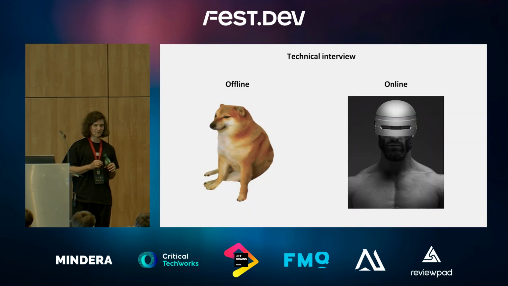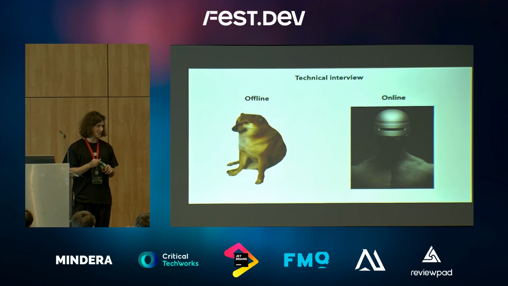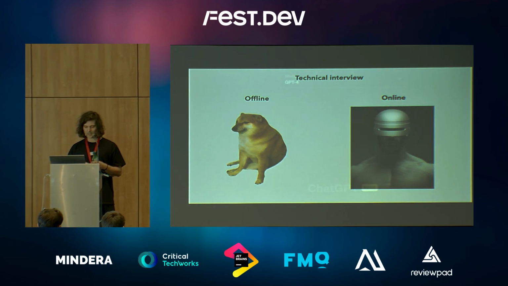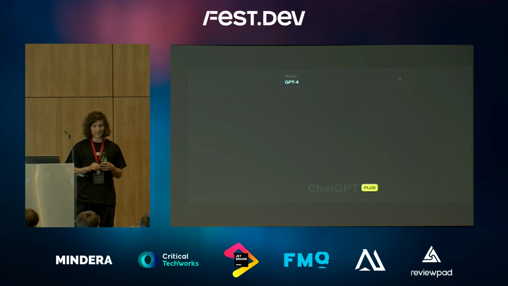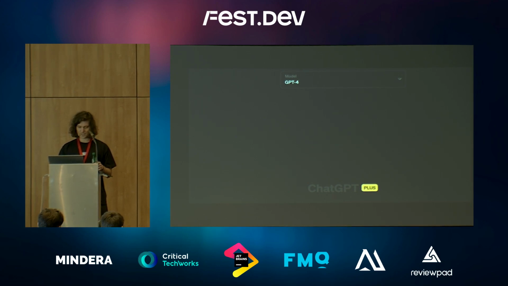It also can help us with technical interviews. Currently we are using ChatGPT to improve and generate the questions we ask. And I think some people online use it to pass interviews. I showed a kind of meme about this.